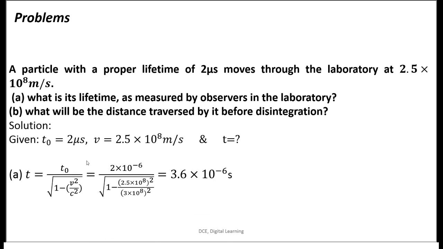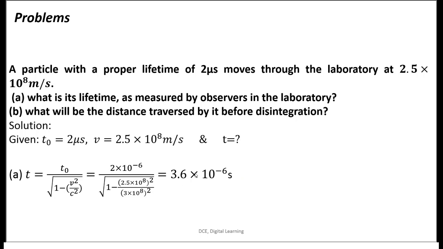From the time dilation equation, we can write T is equal to T naught by square root of 1 minus V square by C square. Substituting T naught as 2 microsecond, V as 2.5 into 10 power plus 8 and C as 3 into 10 power plus 8, and calculating, we get T is equal to 3.6 into 10 to the power of minus 6.